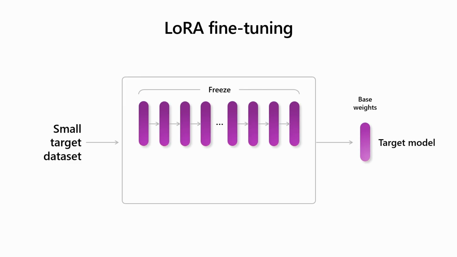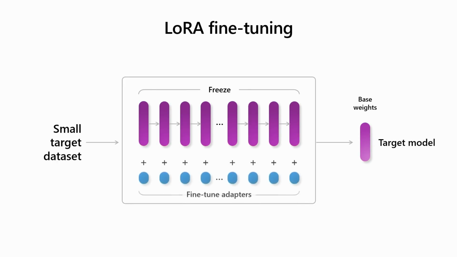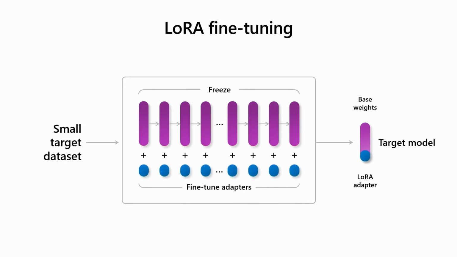So you create some extra weights called an adapter instead of copying the whole model. Then you train the whole thing, but you don't modify the base model, just these adapter weights. And what you end up with is a fine-tuned model that is really the combination of the adapter plus the base model. So you can have literally thousands of fine-tuned versions of the base model.